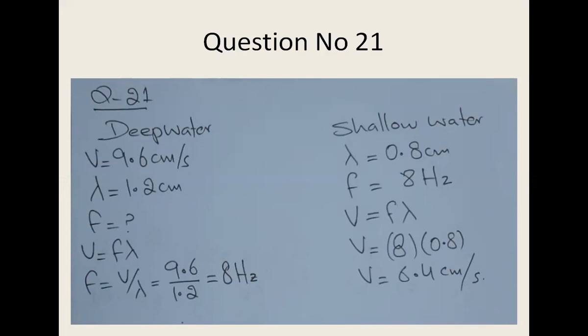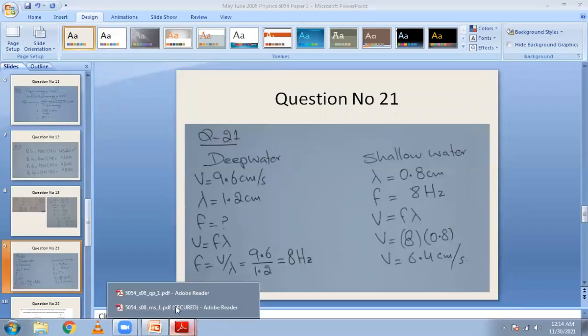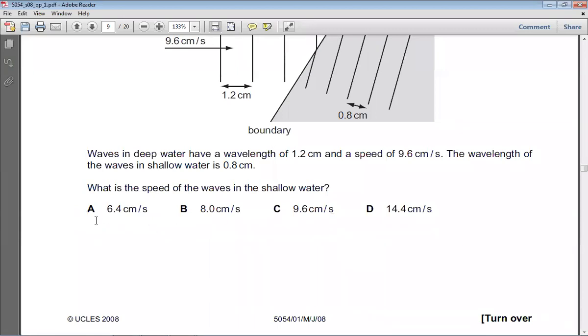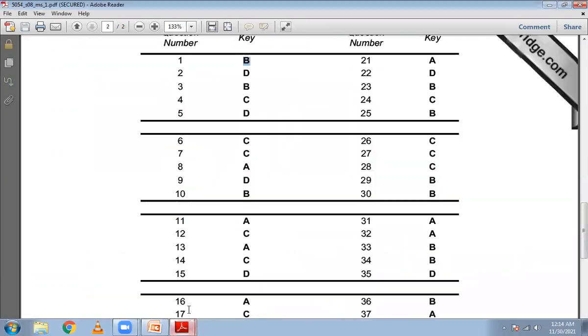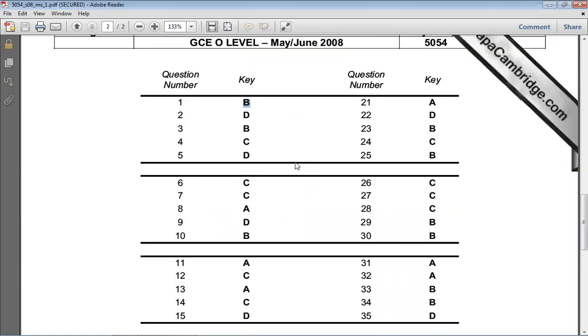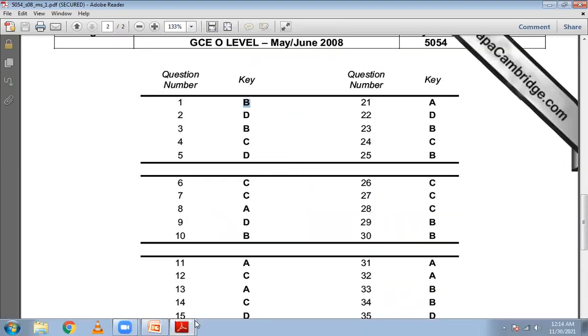The question is, what is the speed? V equals F lambda, where F is 8 and lambda is 0.8. When you multiply them, you get 6.4 centimeter per second. So the speed will be 6.4 centimeter per second. Let's check. 6.4 centimeter per second, and I think A is the right option, sir. Question number 21, A is the right option.